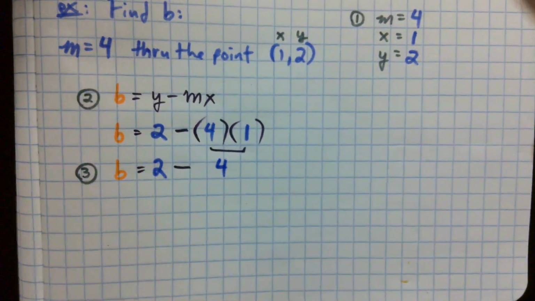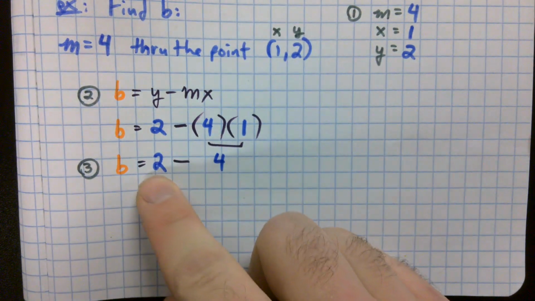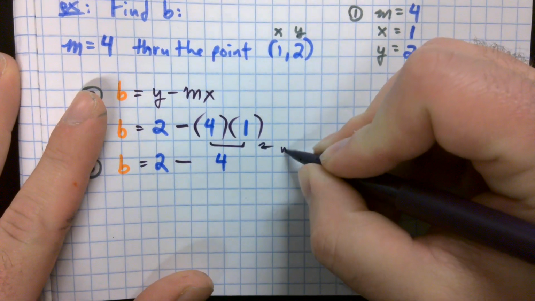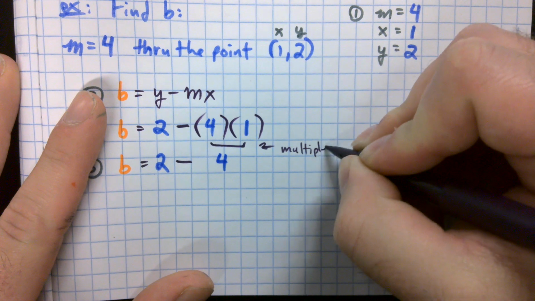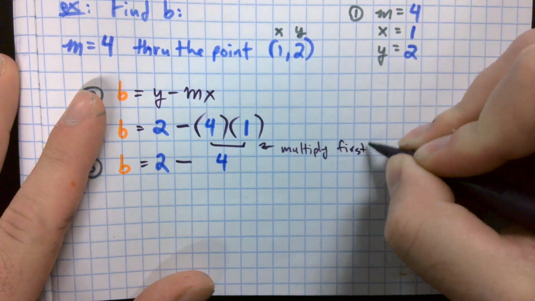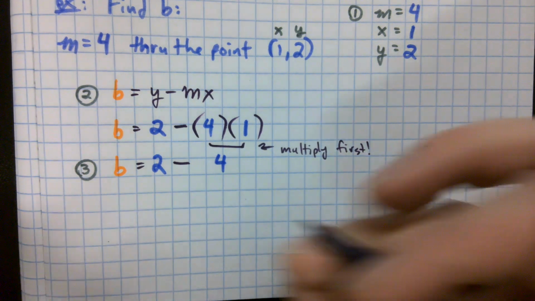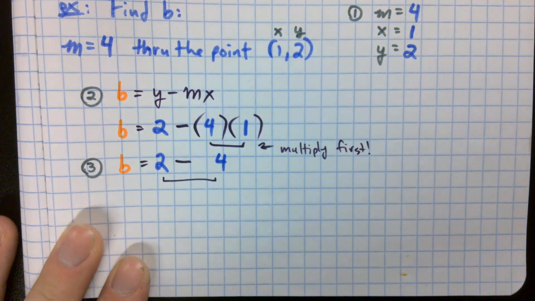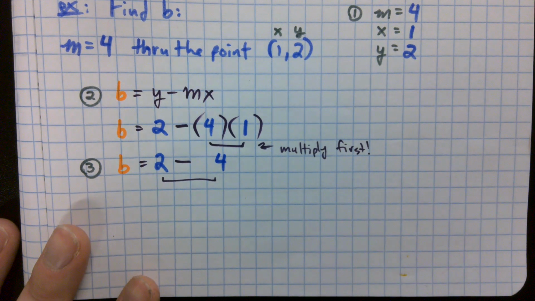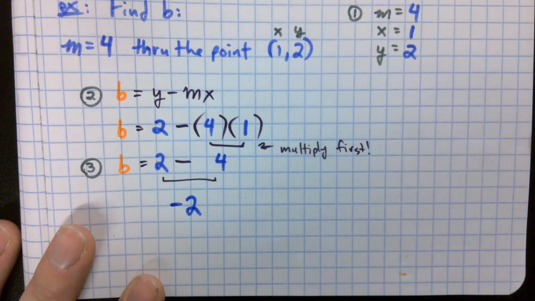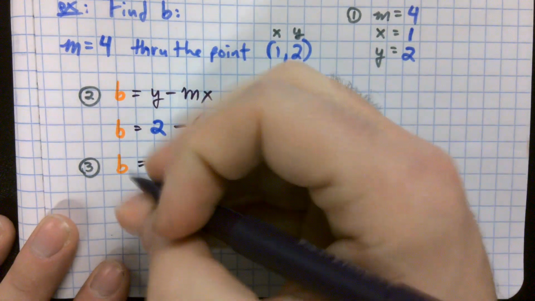Okay. So now we've got 2 minus 4. Remember to multiply first. And then what is 2 minus 4 going to give us? 2 minus 4? 2? Close. Negative 2. If we take away a bigger number, we're going to end up with a negative.